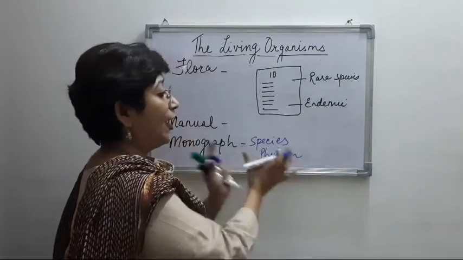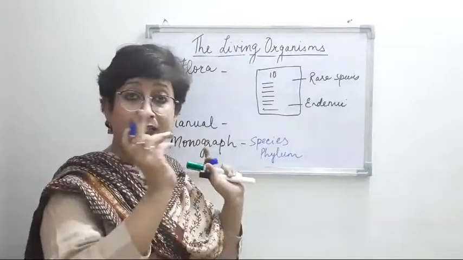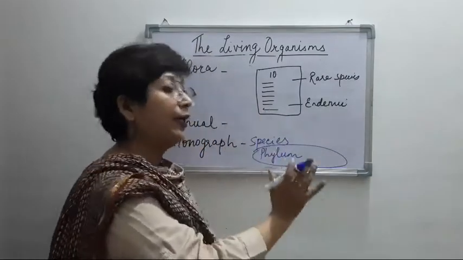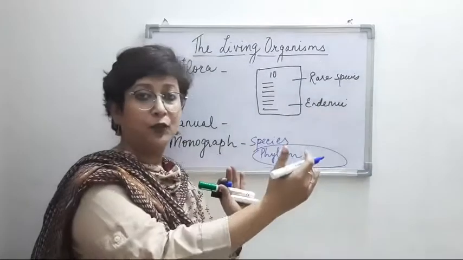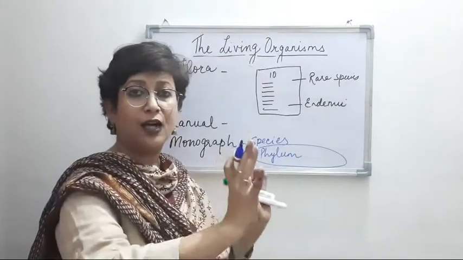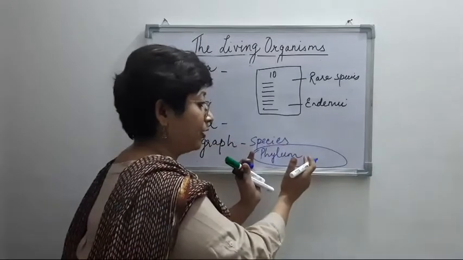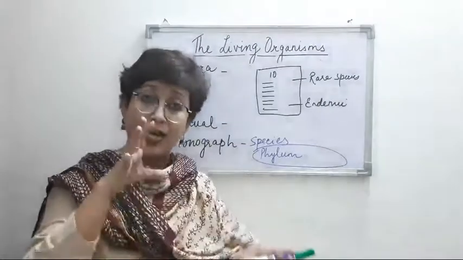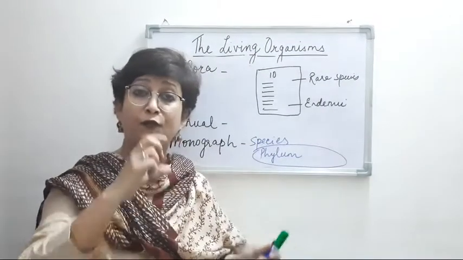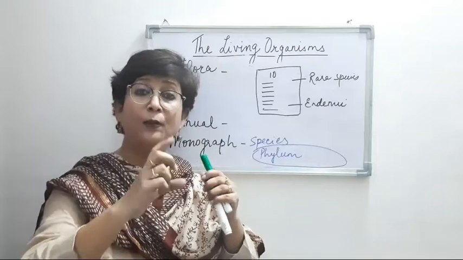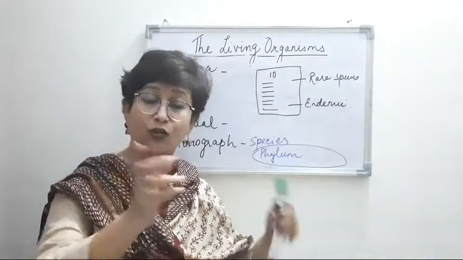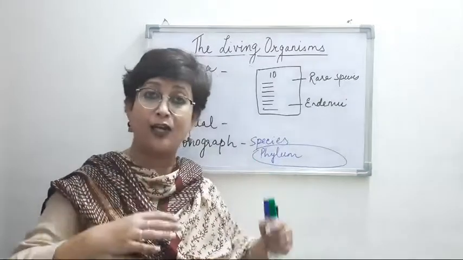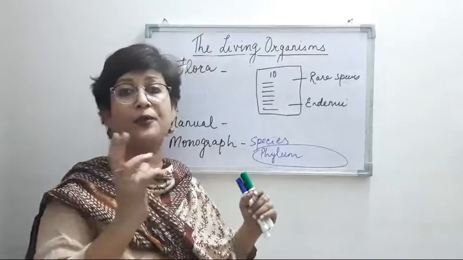right? If we take phylum as one taxon, it contains the global information, all over the world, of course for plants and animals it would be different, right? So whatever animals are present in this particular phylum all over the world, it contains the information for that particular phylum, right? So for every taxon, there is a monograph which contains all the information regarding the plants or the animals globally present in that.